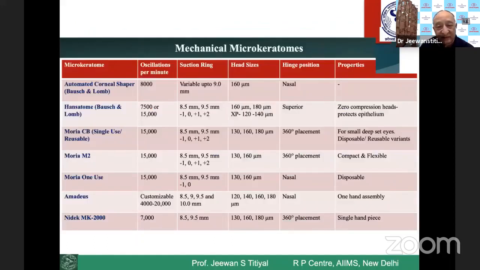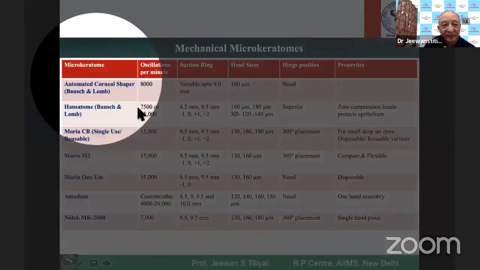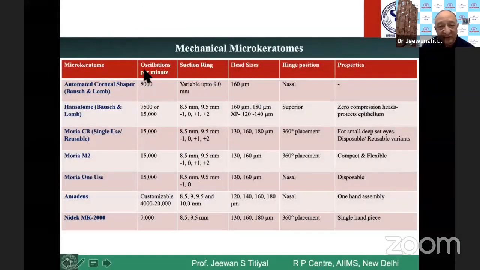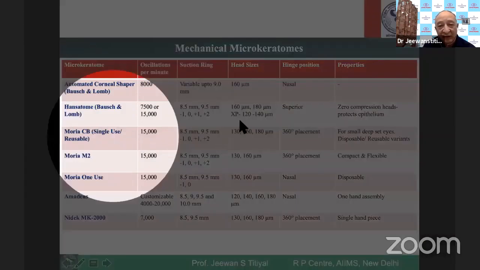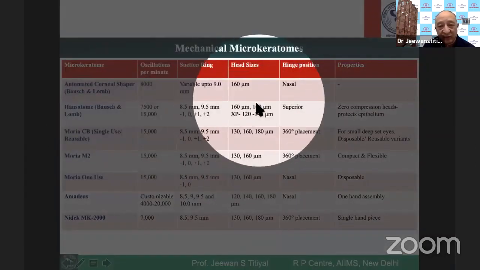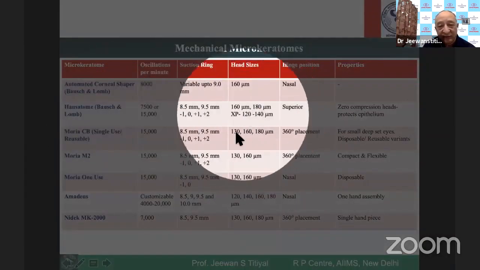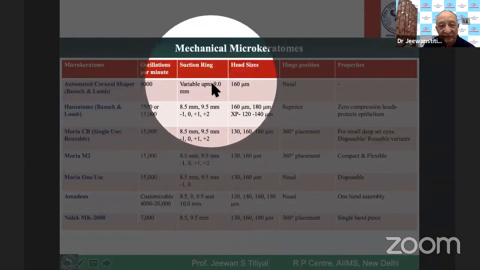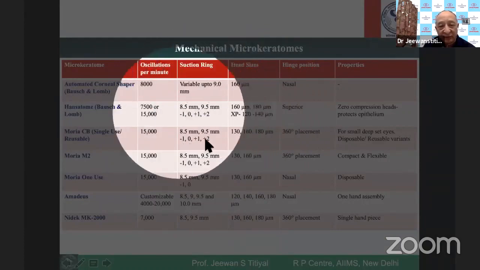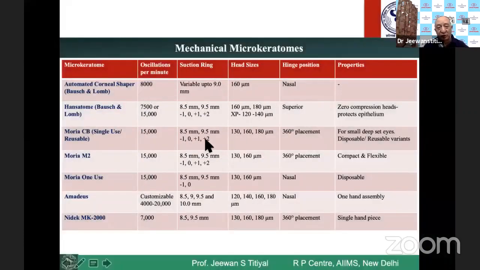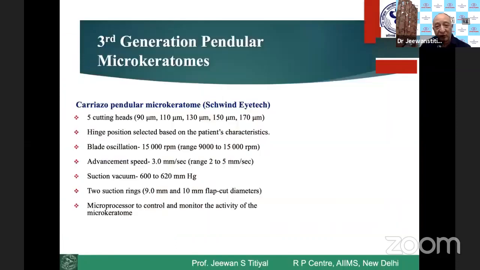This is a nice compiled chart on various types of keratomes being used in the past. These are first and second generation keratomes, which can give you right from 120 to 180 microns thickness of flap in these cases, and different sizes ranging from 8.5 to 9.5 can be a suction ring to give access to ablation for a myopic correction, myopic astigmatism, or a hyperopic correction also.